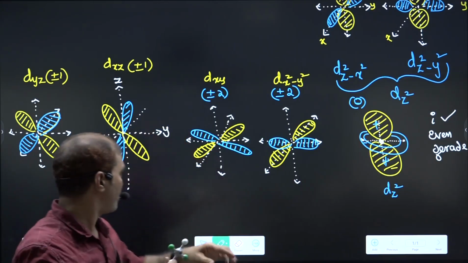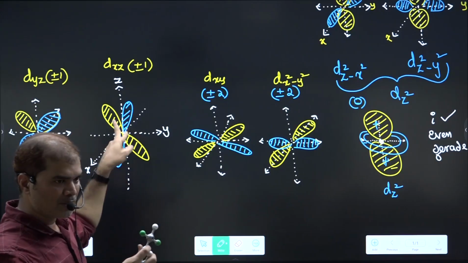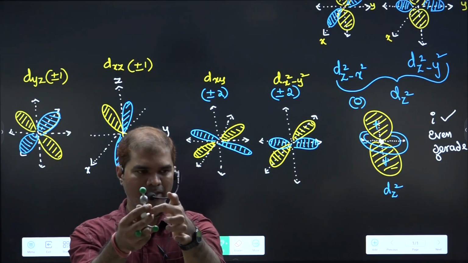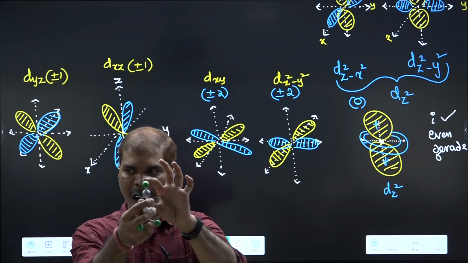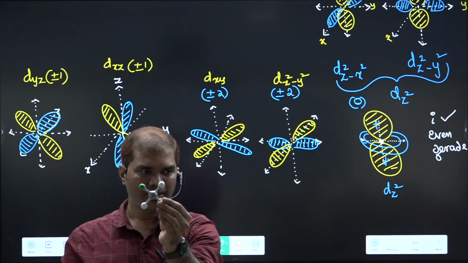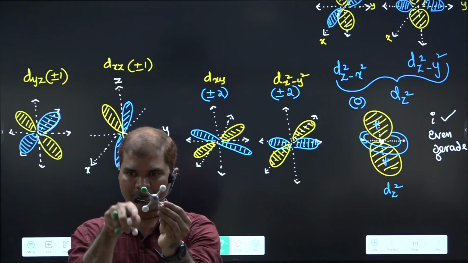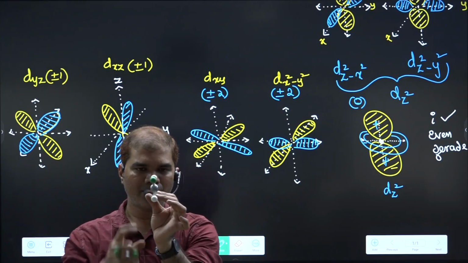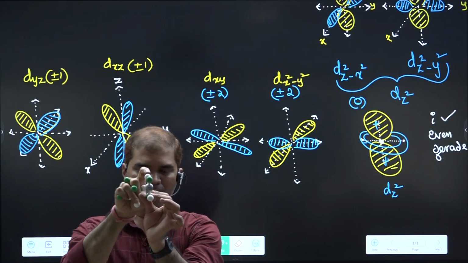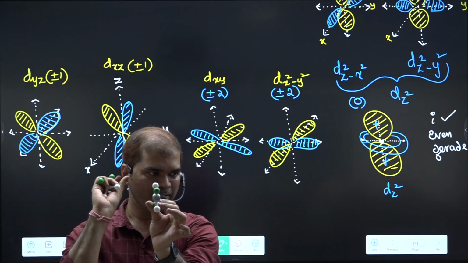Whenever we draw it, we show two lobes towards you, two lobes away from you. The two lobes pointing towards you are plus and minus. Away from you are also plus and minus. For yz, it is just like a perfect square. But whenever we draw xz, usually these two lobes we draw a little larger because these are towards you. The lobes away from you we draw a little smaller.